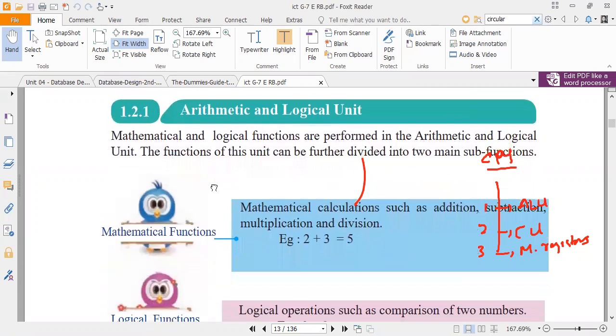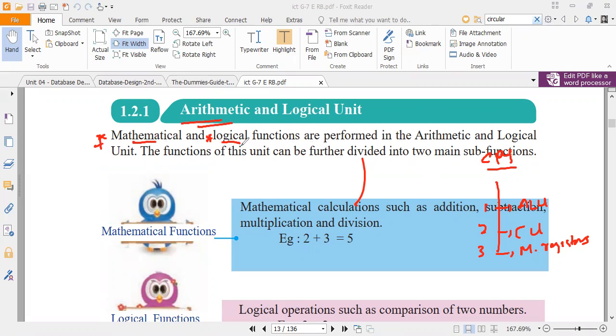The first one is the arithmetic and logical unit. By the wording you can understand what it will do. Mathematical and logical functions are done by this arithmetic and logic unit.